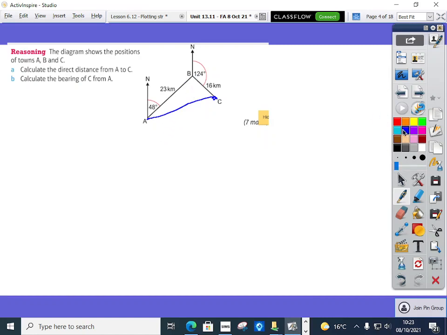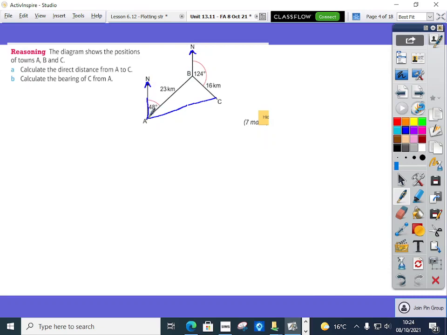What I'm going to do is, because I don't like this straight line I've done, I'm going to go from there and just draw it a bit more carefully. Right, okay. Now what happens here is these two are the north lines, which are parallel. So if that is 48, these are supplementary angles.